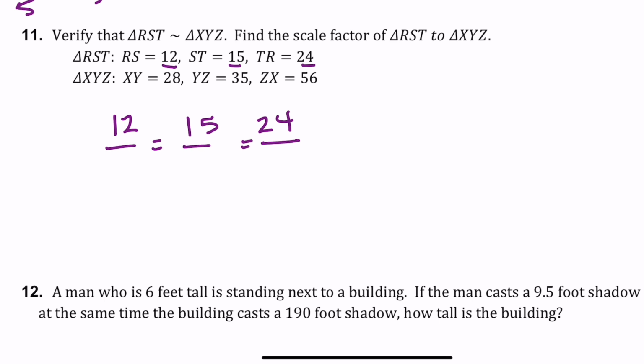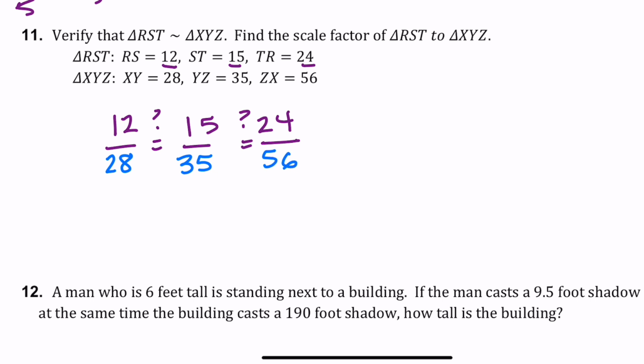We're just trying to verify that when we put the next triangle numbers underneath, they should all reduce to the same number. And whatever number that is, that's going to be our scale factor. So make sure you put the smallest under the smallest. So 28 is next, then 35, and then 56.